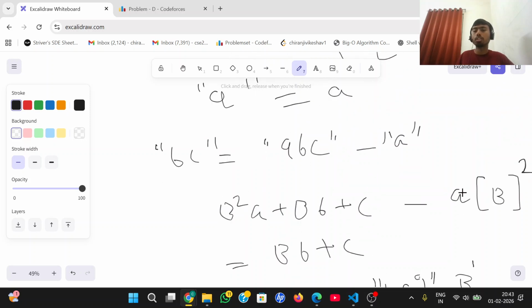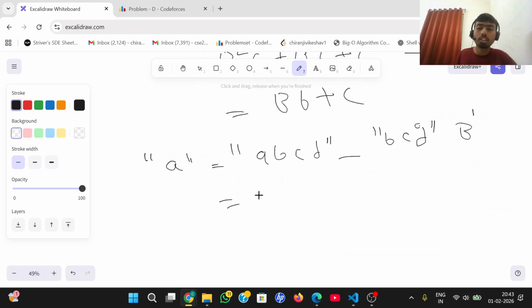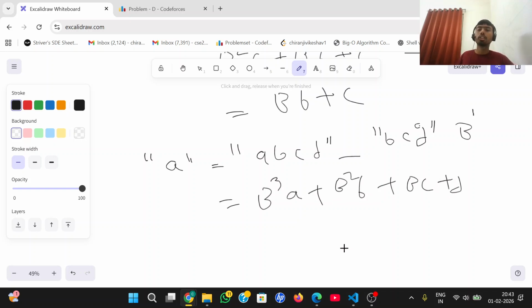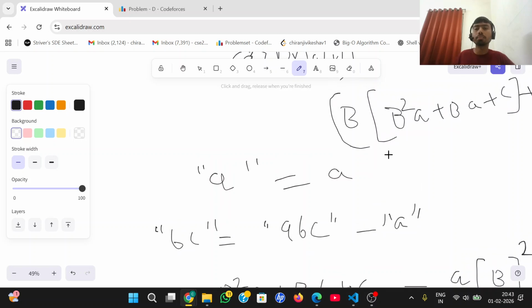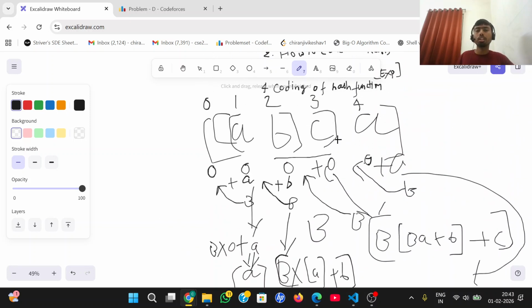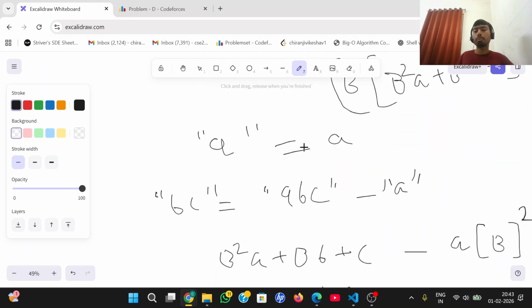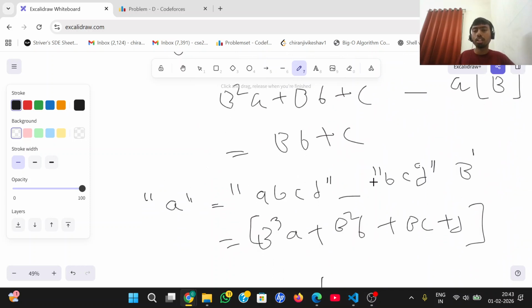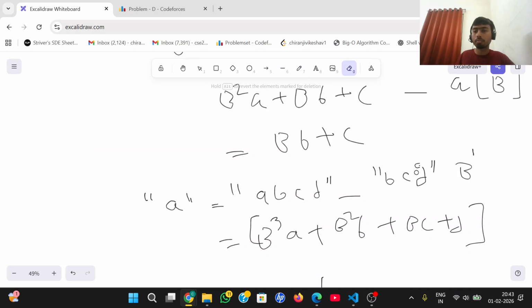Let me write first here B cube A plus B square b plus Bc plus D. Now, what is the hash value? Let me bracket here. Sorry, I have to subtract ABC, it's my bad.